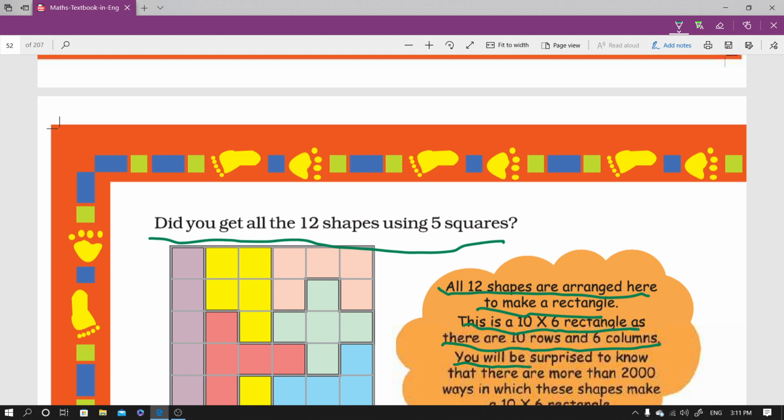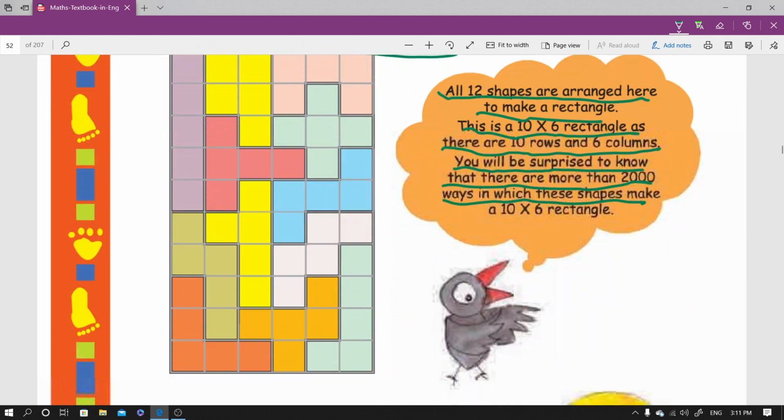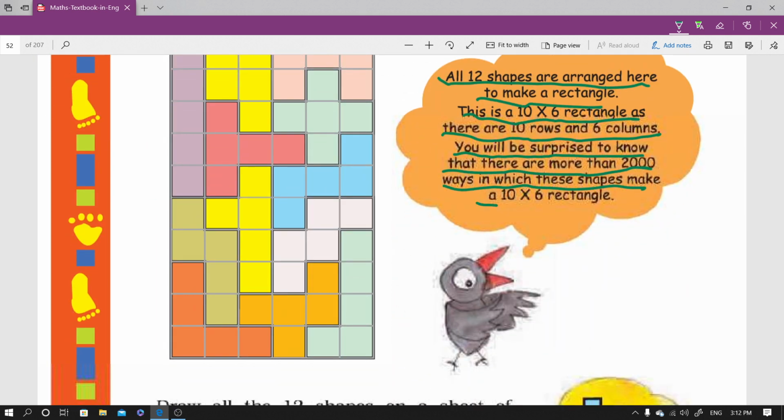You will be surprised to know that there are more than 2000 ways in which these shapes make a 10 by 6 rectangle.